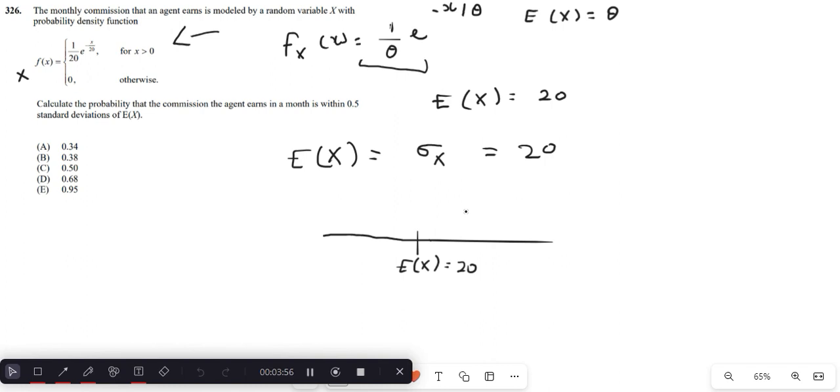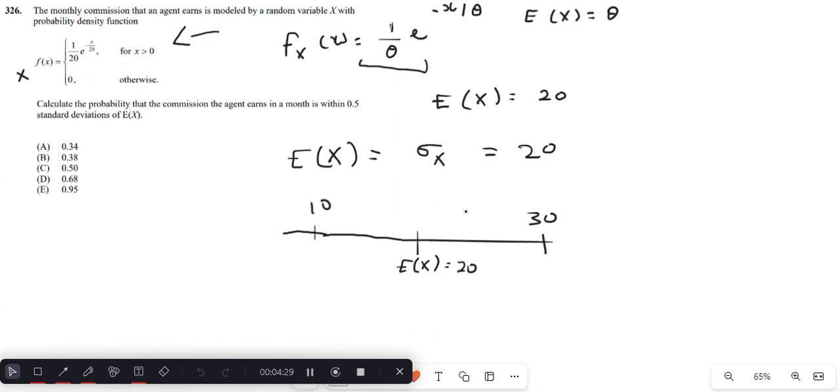So 0.5 standard deviations above the mean is 20 plus 10, which is 30. Below the mean, it's 20 minus 10, which is 10.